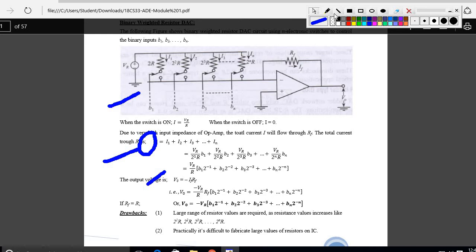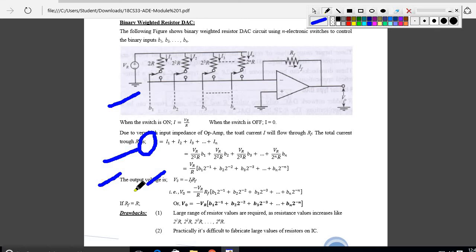See here in the output voltage, V0 is equal to minus. The minus sign is there because I am connecting the input voltage to the inverting terminal; because of that, the output voltage should carry a negative sign.